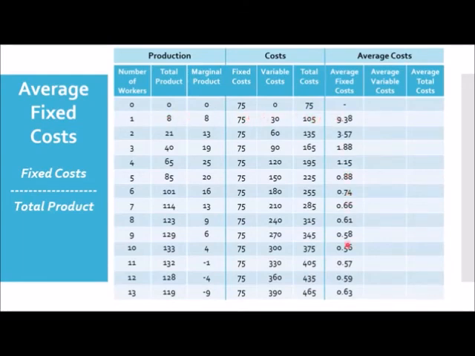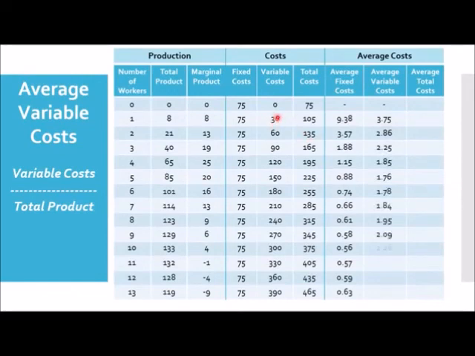And we just do that all the way through, where we take our total fixed cost, which again is constant throughout, divided by our total product to get our average fixed cost. Then we also have our average variable cost, which is the same thing. It's just taking our variable cost and saying, on average, how much of this variable cost goes into each one of those total product. So you would take 30 divided by 8.